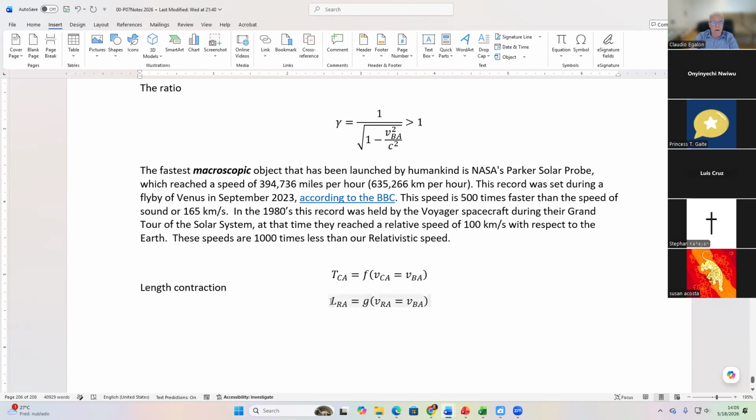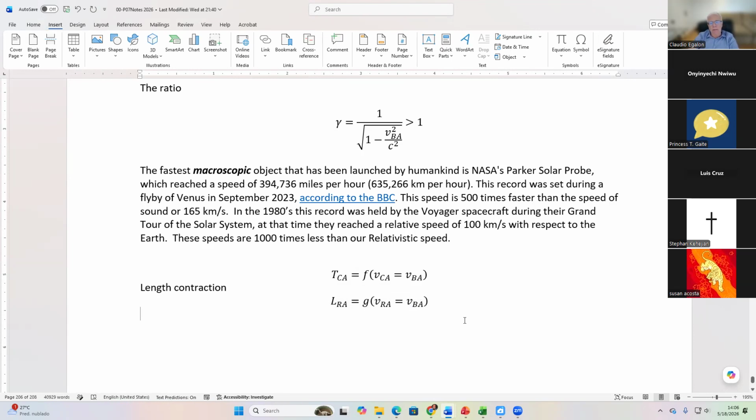Okay, so here you go. Length of the ruler with respect to referential A is going to be a function of the velocity of the ruler with respect to the referential A, which ends up being equal to the velocity of referential B with respect to A. So 2 different referentials.